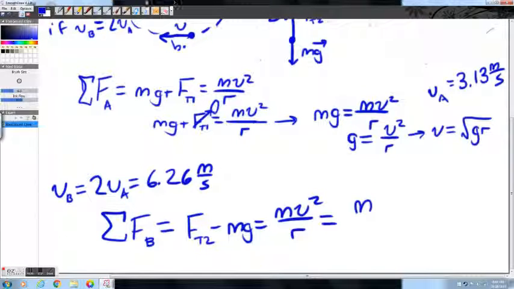If we write this in terms of our v at top, this is vb, of course. Remember, VB is 2VA. So if we square that, we'll have 4mVA squared divided by R.